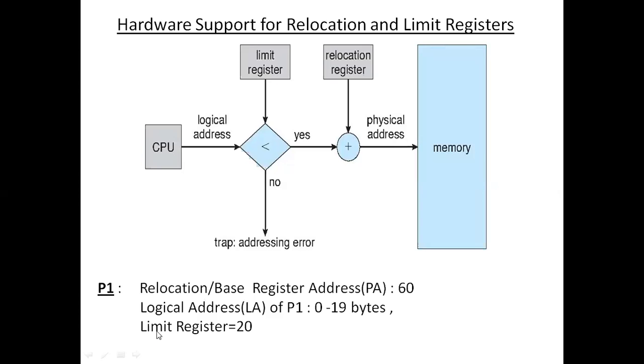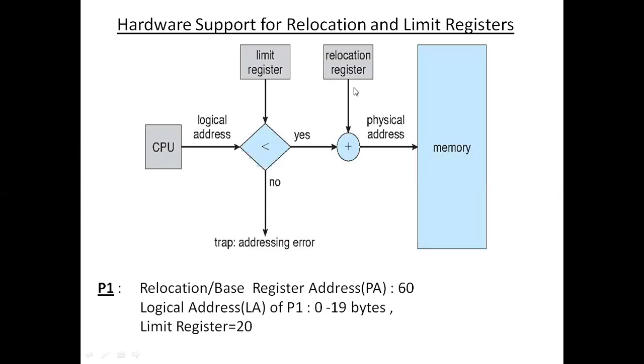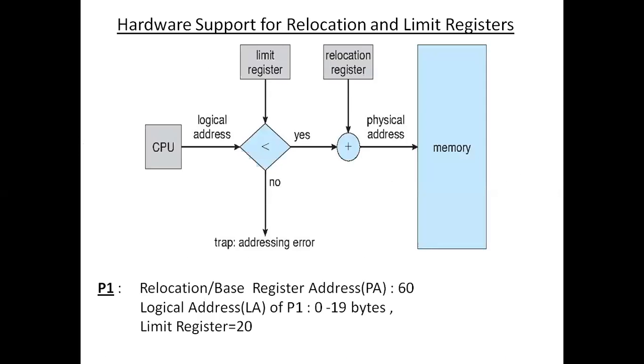Here I've told you the base address is 60, the logical address ranges from 0 to 19, and the limit register is 20. As long as the address is less than 20, it is added to the base address, that is 60, and that gives you the physical address. So this hardware support is good enough for a single partition allocation.